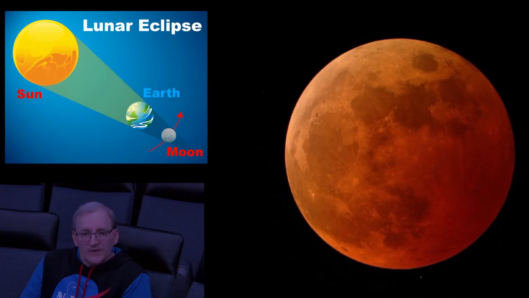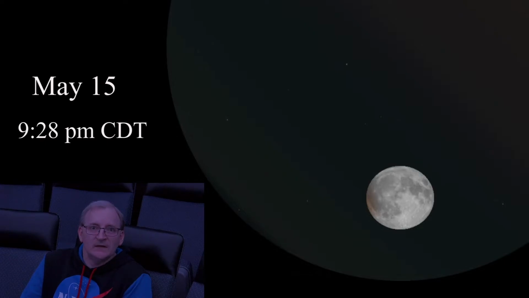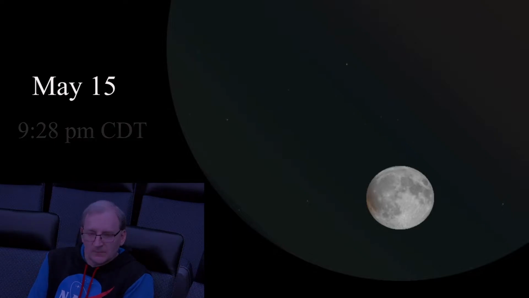So this eclipse begins May 15th. It starts at about 9:28 p.m. That is when the partial eclipse phases begin. And right now it looks like we are just about to start the partial eclipse here in our planetarium sky.